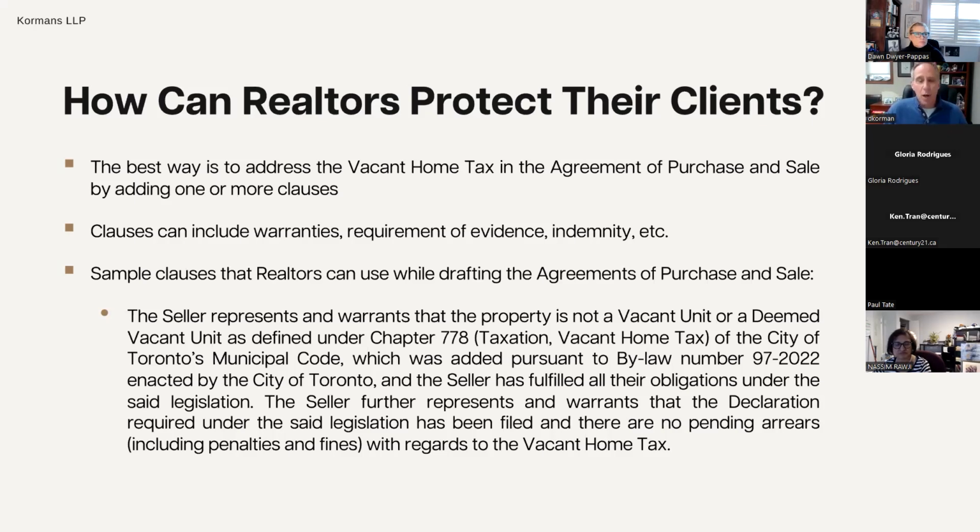Here the seller's representing and warranting that the property is not a vacant unit or vacant under that code, under this bylaw that was enacted, and the seller has fulfilled their obligations under that legislation. So we want them to represent and warrant that the declaration has been filed and there are no arrears or penalties or fines for the vacant home tax. Okay, that's the minimum that we want them to do.